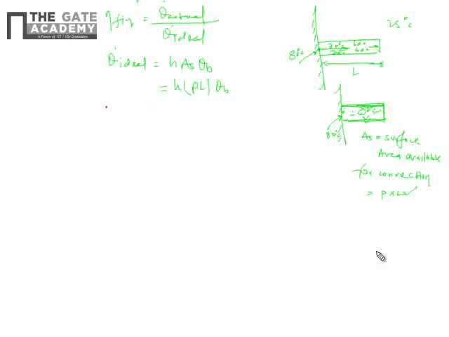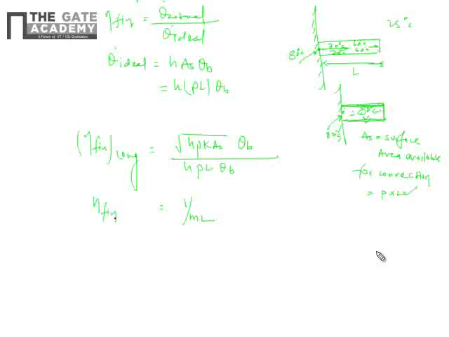Now consider an infinitely long fin. In that case Q dot actual is given as root of h P k Ac theta b, and the ideal is h P L theta b. If we simplify this, we will get 1 upon mL.